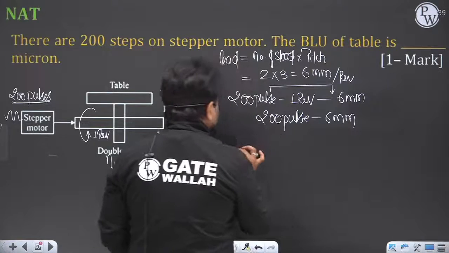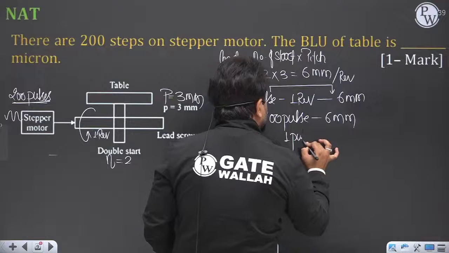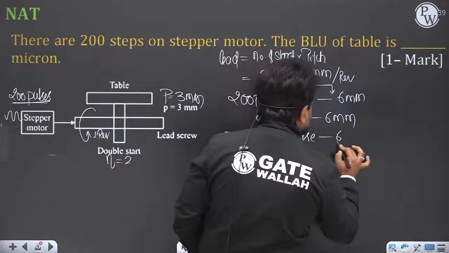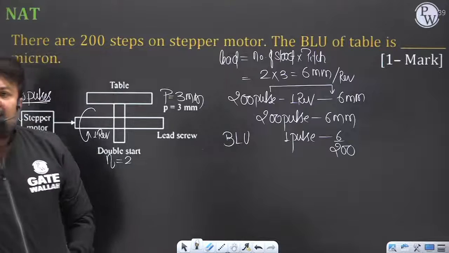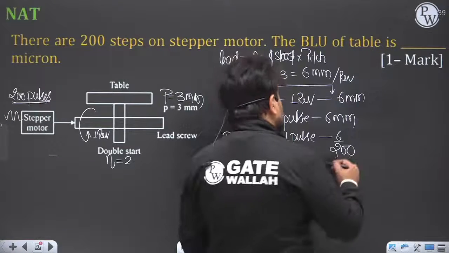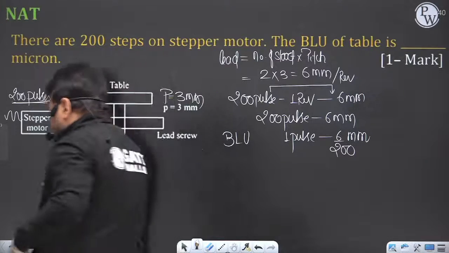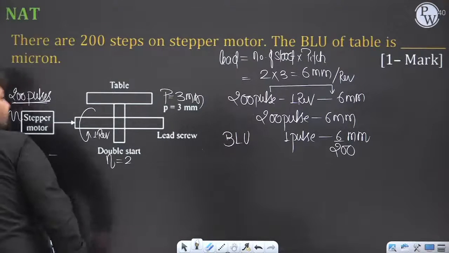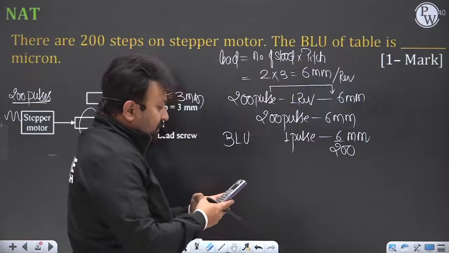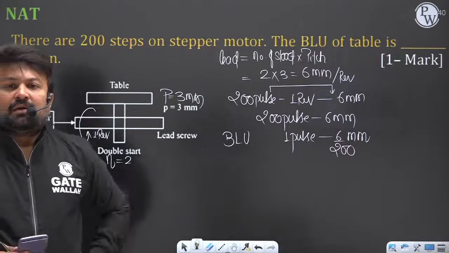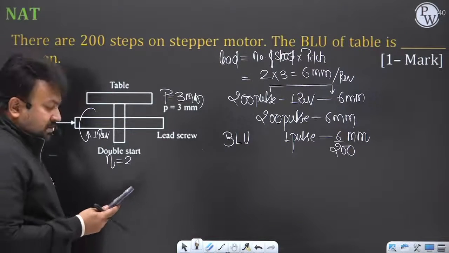So what is the basic length unit? The basic length unit is, by giving one pulse, how much translational motion is there? So that much mm is going to come. So this is 6 by 200.